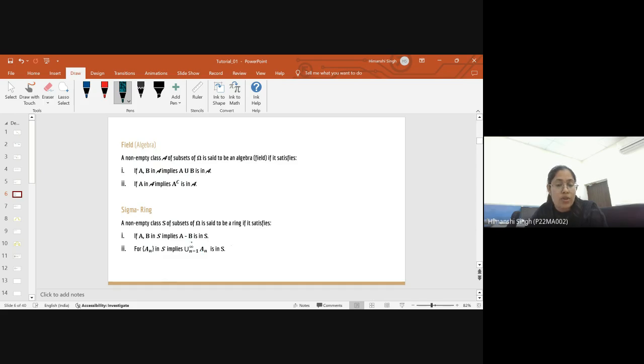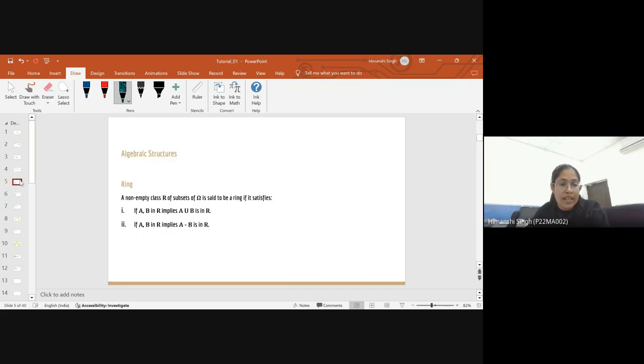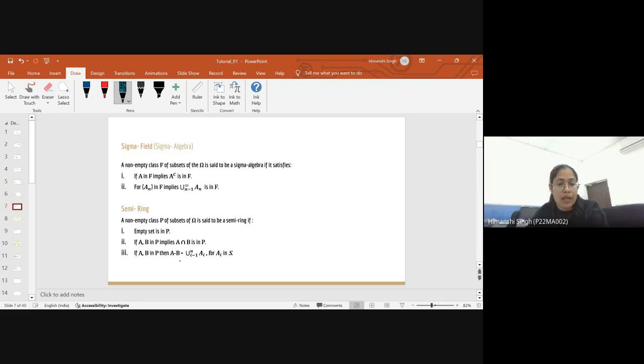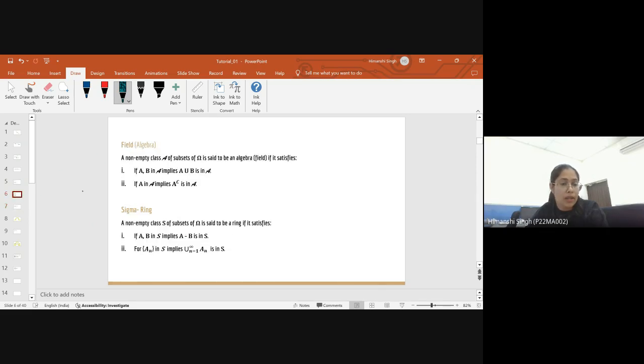Then this union should also be in S in order for S to be a sigma ring. These two things must follow. So in case of ring, we were taking only the union of two elements of R, but here, for the sigma ring, we are taking the countable union.